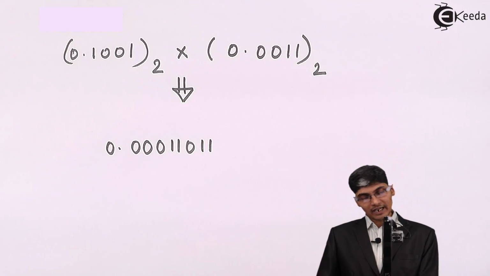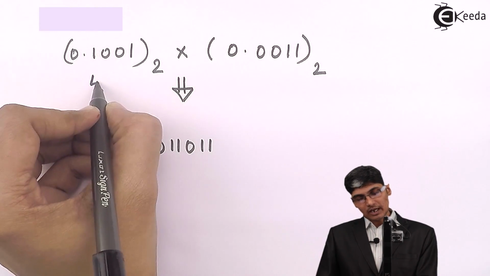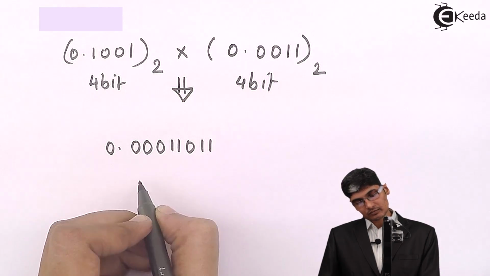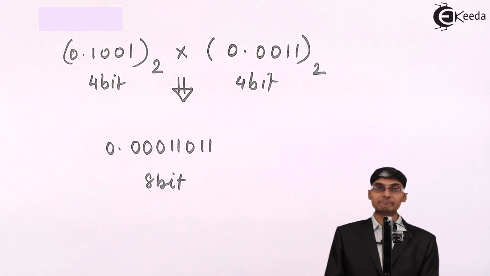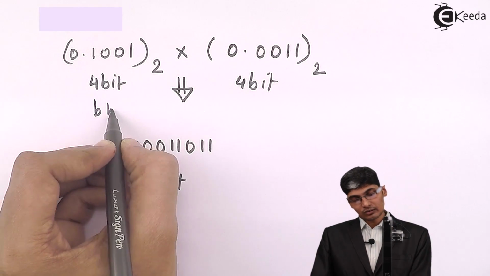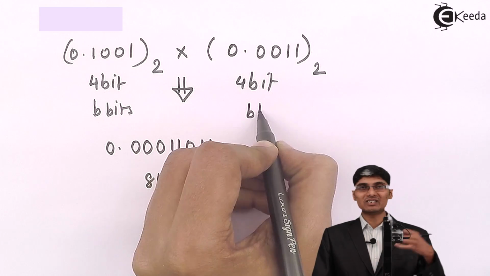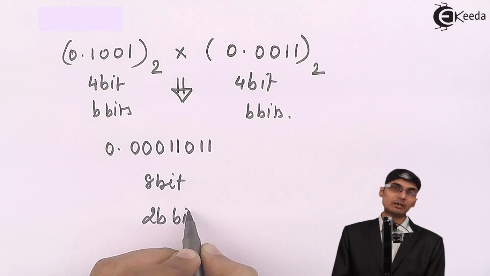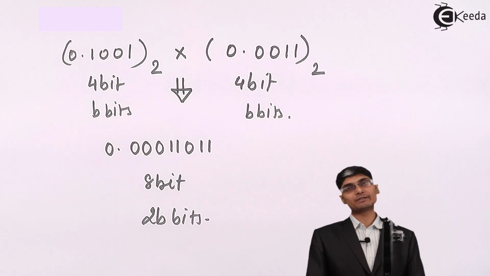So if I have a 4-bit number and I have a 4-bit number, then the result is 8 bits. Correct. So if I say this is b bits, and this is also b bits in general, then this will be 2b bits, that means twice that of the input bits.